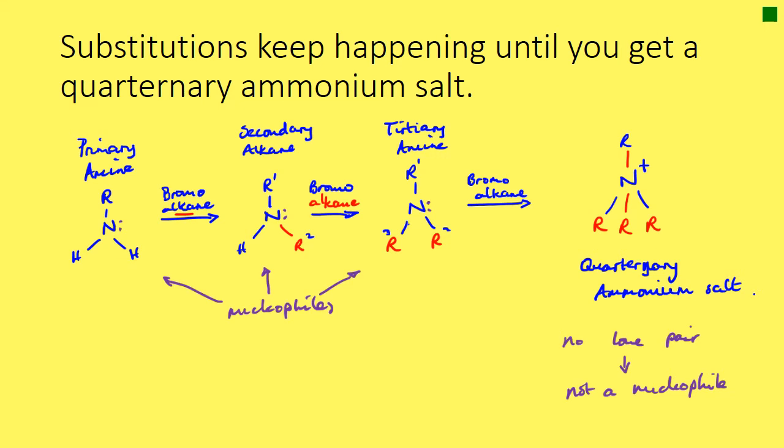So let me write my alkane in red. Okay, so then of course we get what we already had. But our third hydrogen has been replaced as well. So in this case we can say that we've got a secondary alkane here.